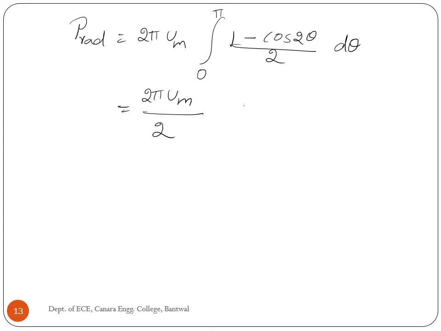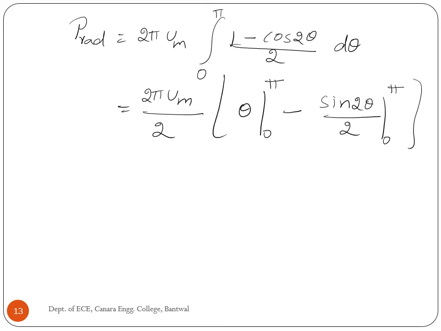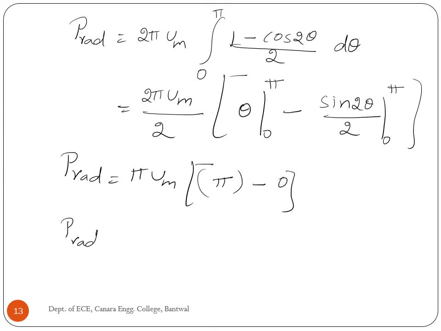The integral of 1 is theta, limit 0 to pi. The integral of cos 2 theta is sin 2 theta divided by 2, 0 to pi. Therefore, radiated power is equal to pi Um times (pi minus 0). So radiated power is equal to pi square Um.